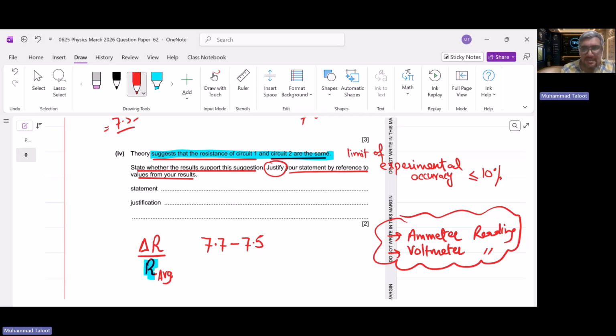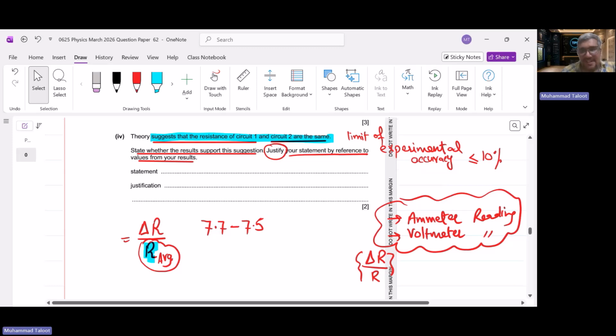But for ease, because we have so many students, and not all the students are of the same level, I'm not going to degrade anyone. I'm going to make it easy for my learners. So if you find difficulty in taking the average, then the other way around, I tell my students: take the change, then divide it by R. This is not technically right, but it will give you the right answer.